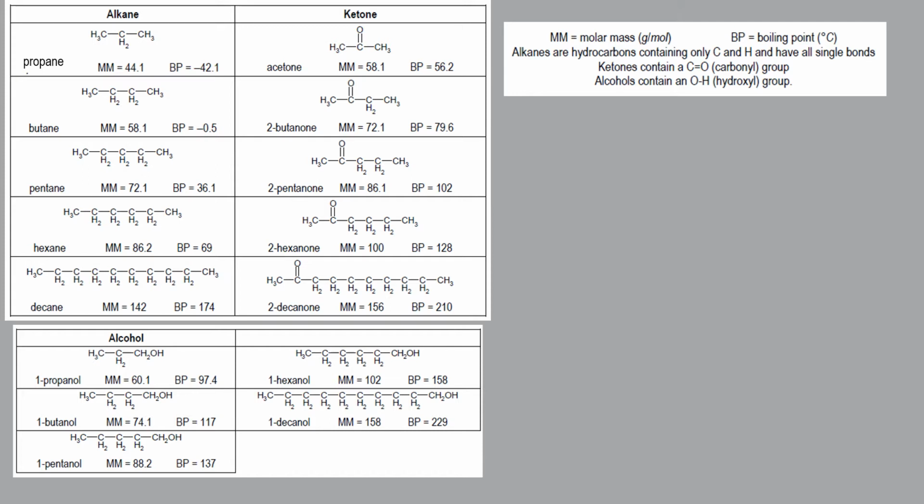And what I want you to do is, first of all, look at the structures in each group and see what they have in common and what the defining structural feature of each group is. And just because you haven't seen this a whole lot, what this formula means is that these lines represent bonds between carbon atoms.